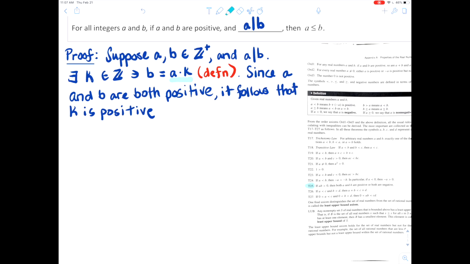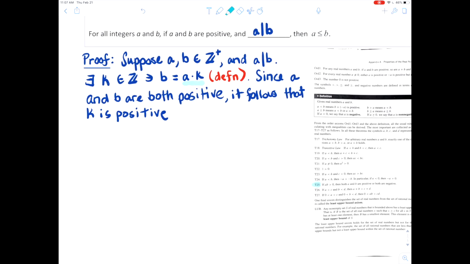So in this theorem 25, that's reading AB greater than 0, we're looking at it as AK is greater than 0, because A times K equals B and B is positive, right?